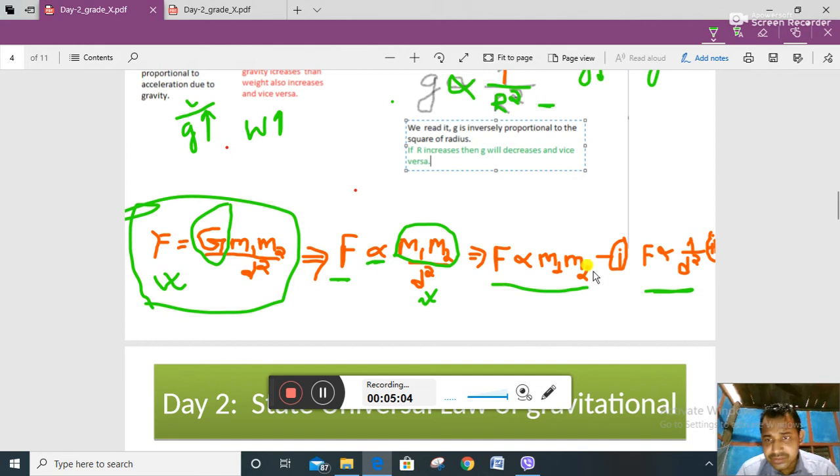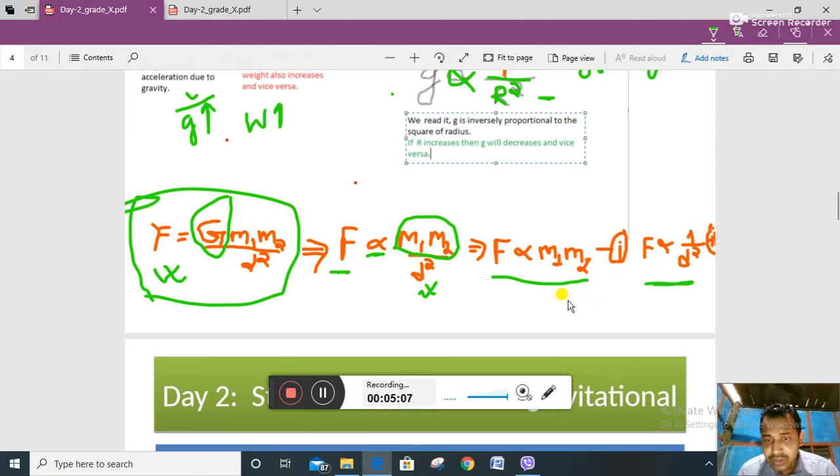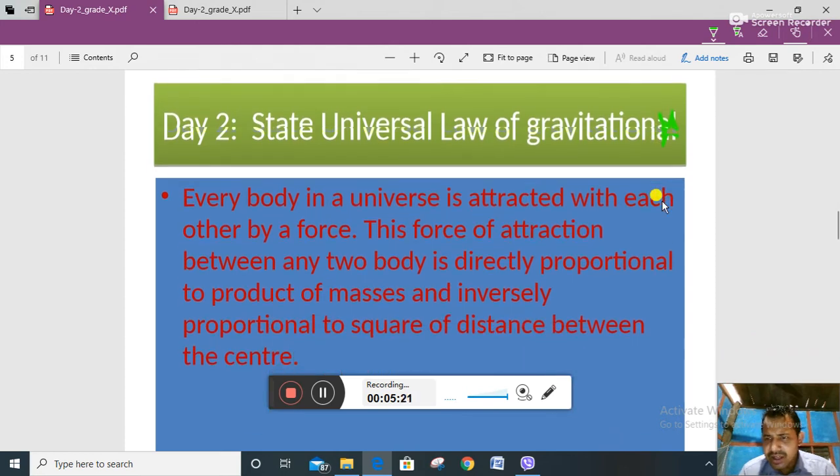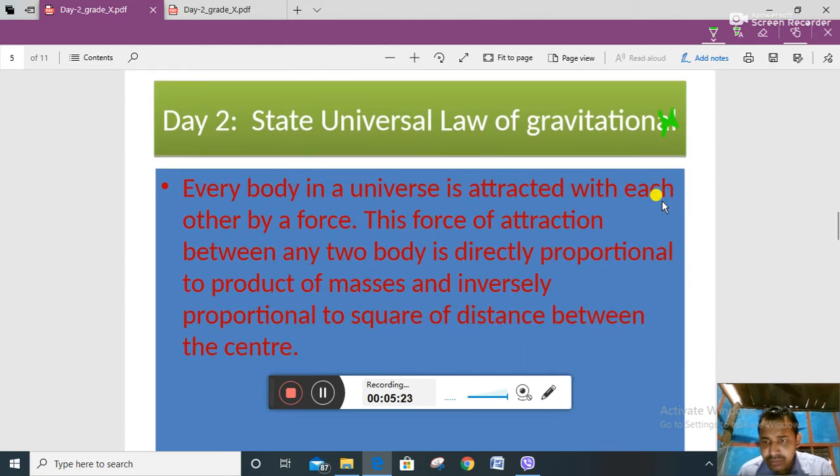Using these two relations, we are now stating Newton's universal law of gravitation. Here it should be gravitation, not gravitational. You can use your own words, but never forget to mention the product of masses and the inverse proportionality to the square of distance. So I have written it this way: everybody in this universe is attracted to each other by a force.